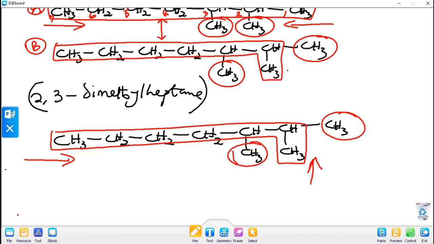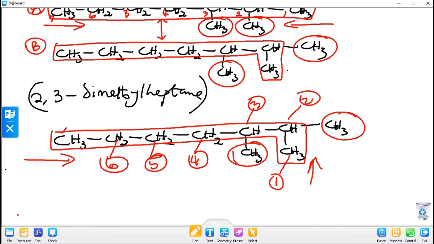From the right-hand side, this will be our carbon 1. This stands as our carbon 2. Here is our carbon 3. This is our carbon 4. This is carbon 5. This is carbon 6. And this is carbon 7.